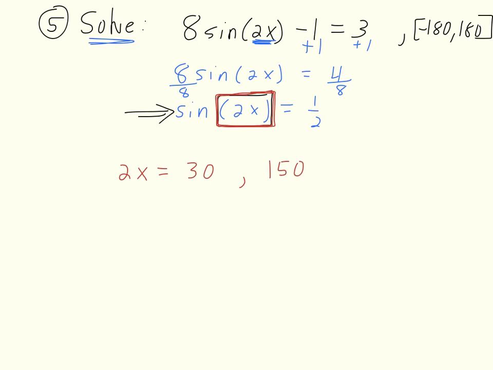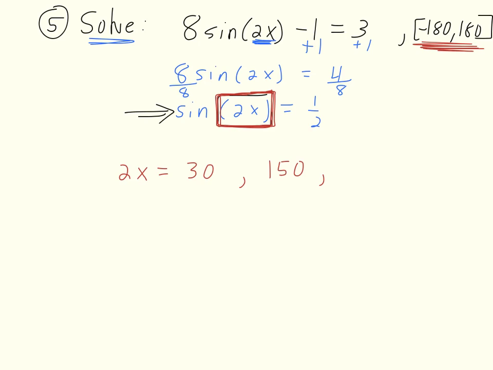Let me back up for a second, though. If this were just a plain x, and we're talking about an interval up here that has some negatives in it, we said that we would have to also subtract 360 from each of these values.